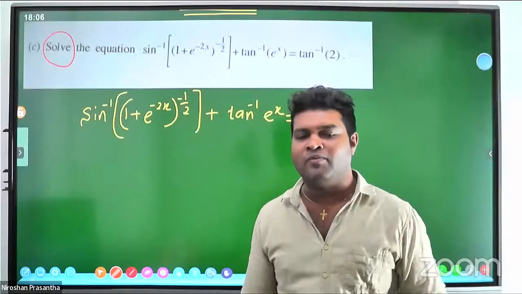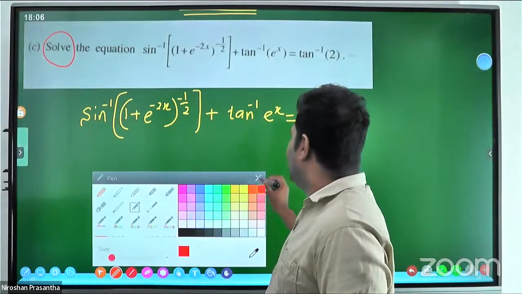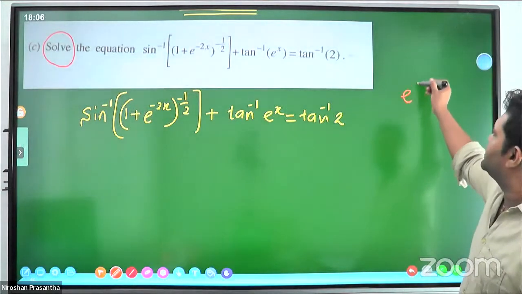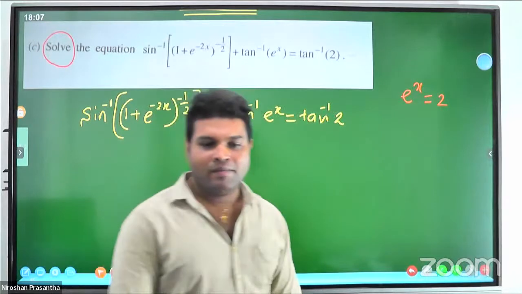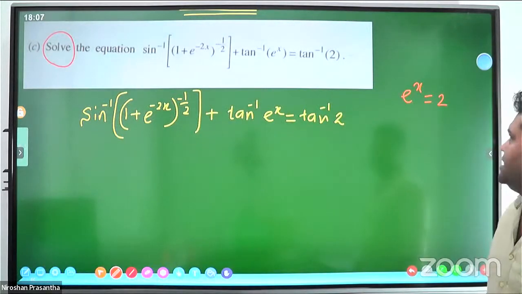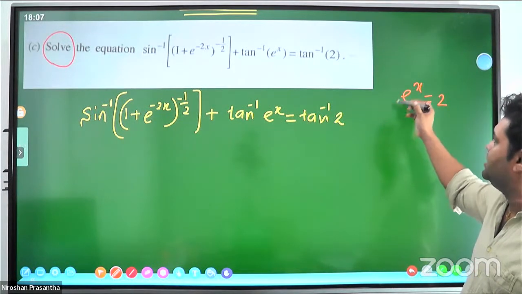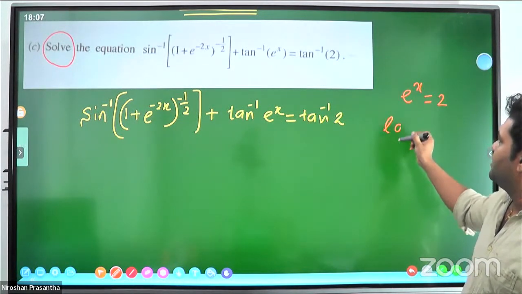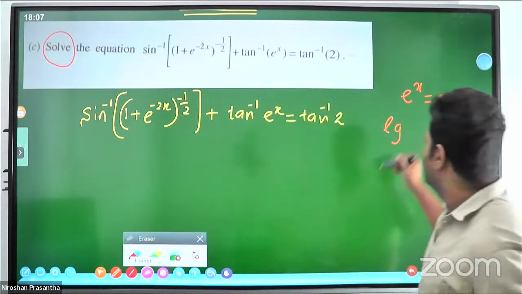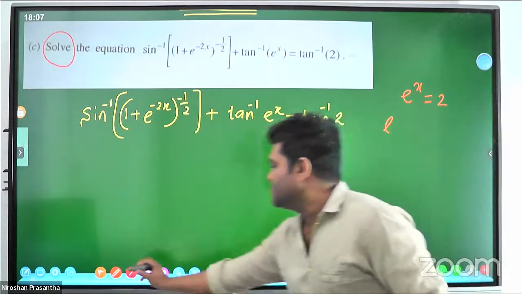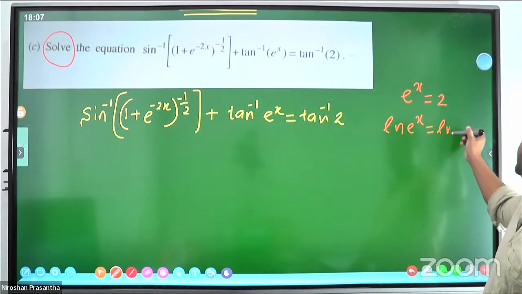How can we get x? Once we have e^x, because this is going through e^x now, then we must know this. If e^x equals 2, how can we get x from this? Basically, for both sides we can take logarithm, ln. For both sides, ln. ln e^x equals ln 2.